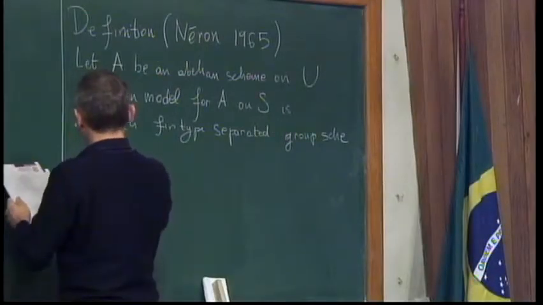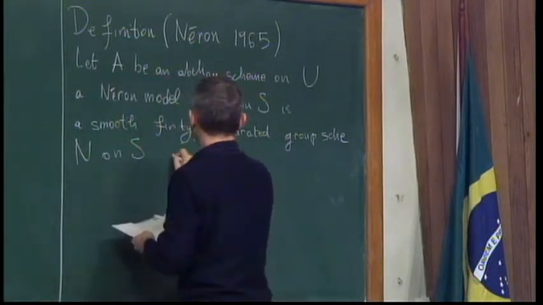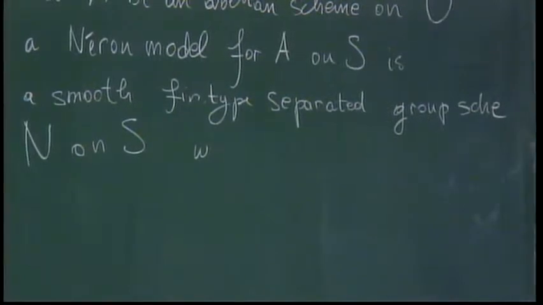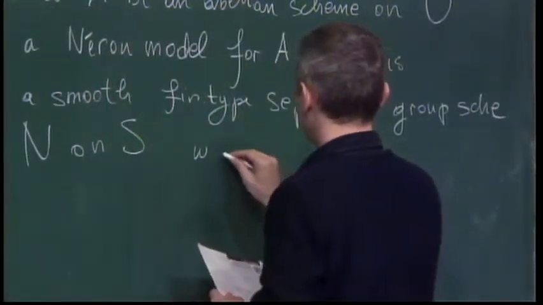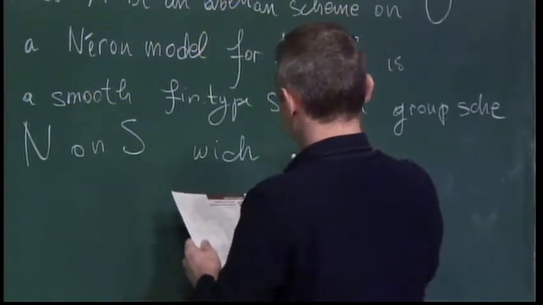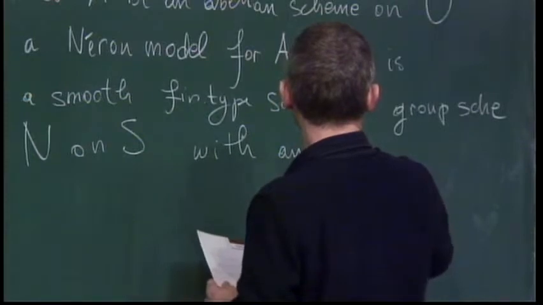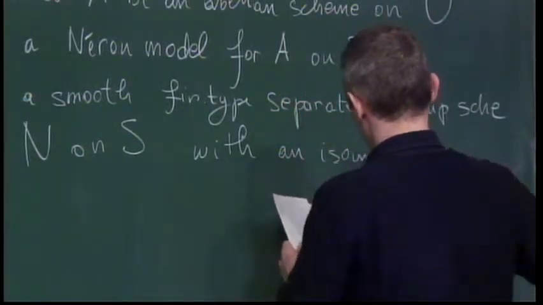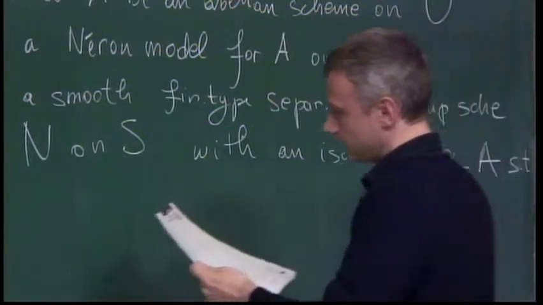N is a model; the whole point is that we have to extend A. So the restriction of N to U should be isomorphic to A, and such that the following is satisfied.